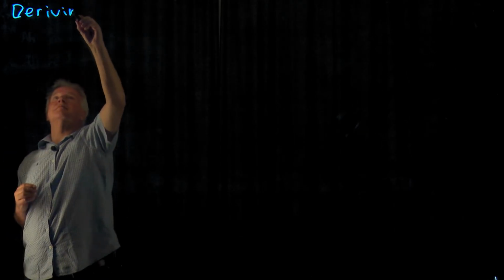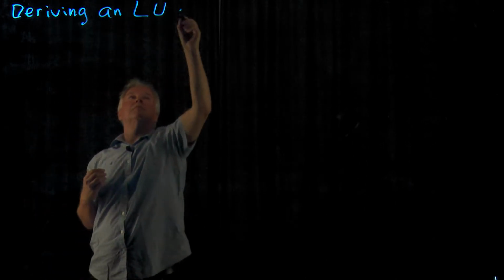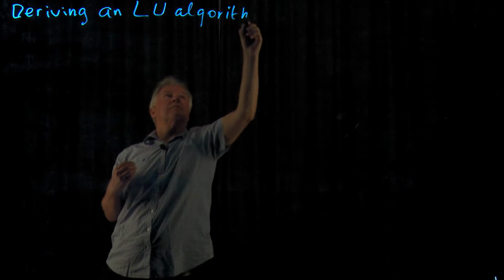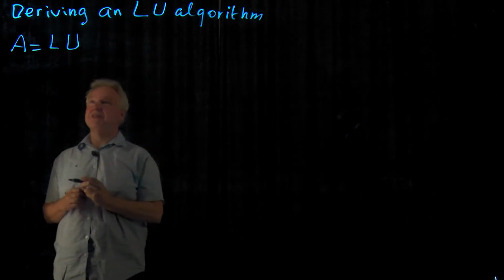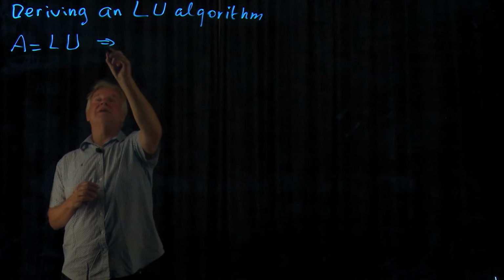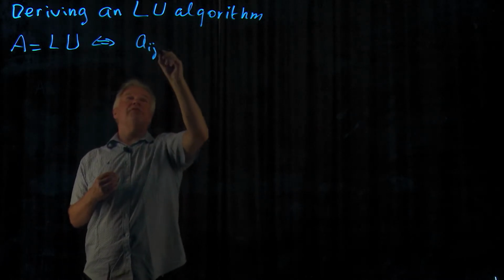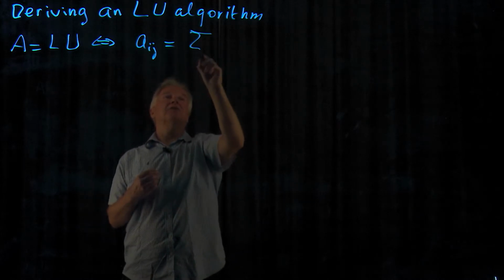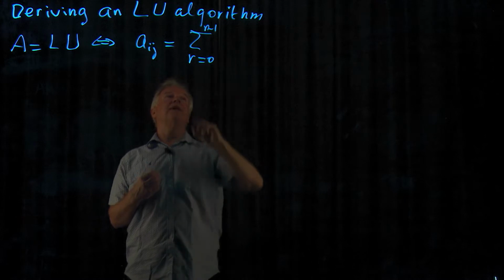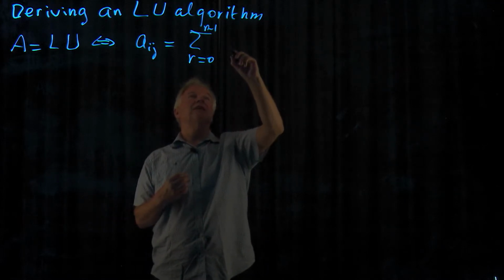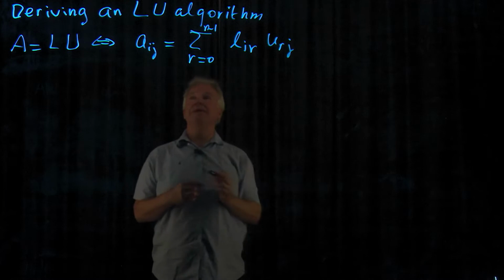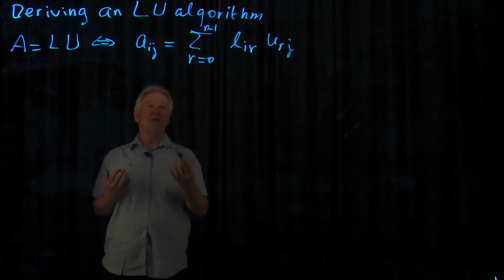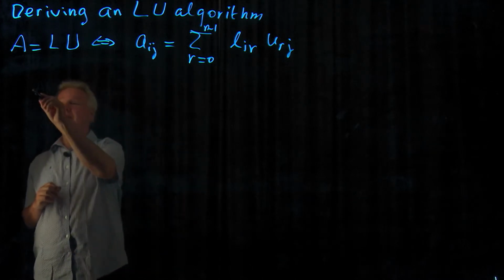Now we will derive an LU algorithm. We do this starting from just the multiplication of 2 matrices, L times U. We can write that for every element, Aij equals the sum over r equals 0 to n minus 1, assuming that we have n by n matrices, of Lir times Urj. Now we use the fact that L is lower triangular.